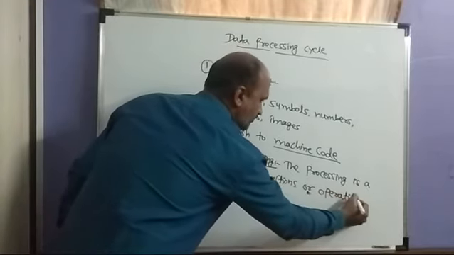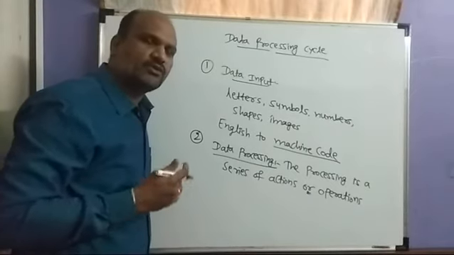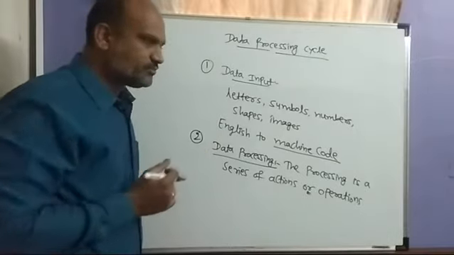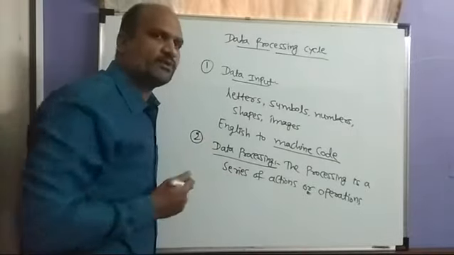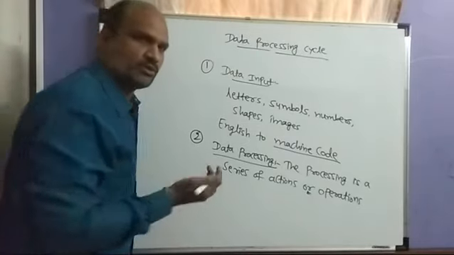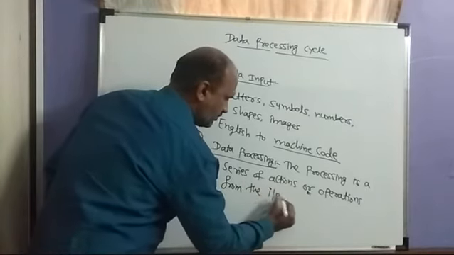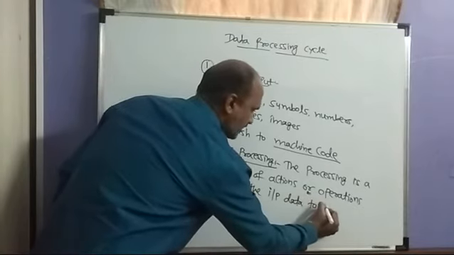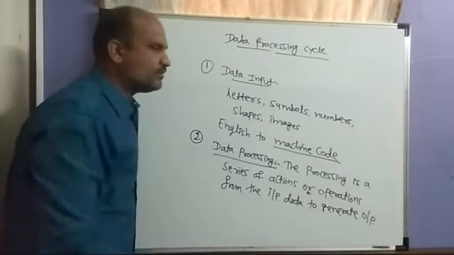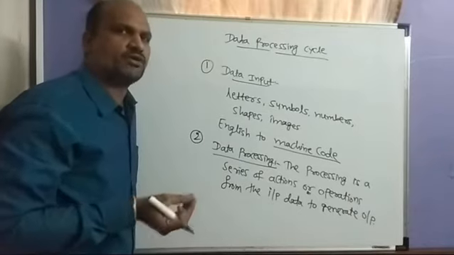We can do some actions, some operations like addition, subtraction, multiplication, or you can do logical operations on the input data. From the input data, we process it to generate the output. So as we have given the input, the data will be processed. It may be any operation or any action.